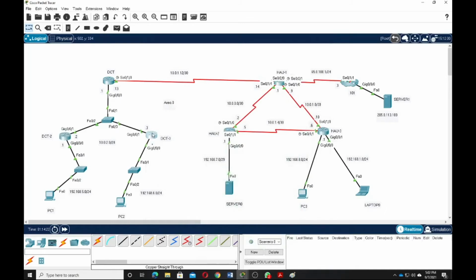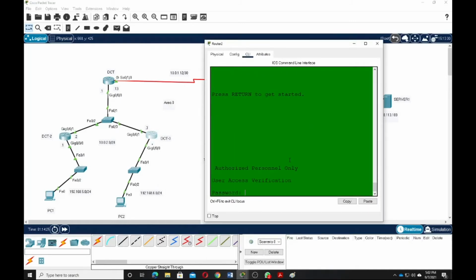Also here, Cisco, enable, class, config the router OSPF 10, auto-cost reference-bandwidth 10,000. The reference bandwidth is consistent across all routers.